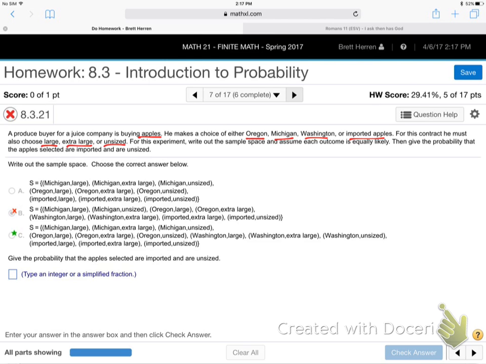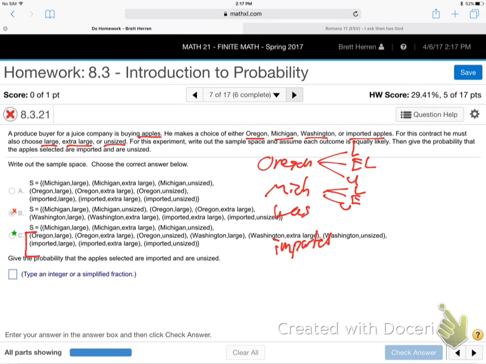So anyway, basically, if you look at C, C's the right answer because it just lists every possible thing that could happen. It's just Oregon, Michigan, Washington, imported, the 4 options there, each with the 3: large, extra large, unsized.